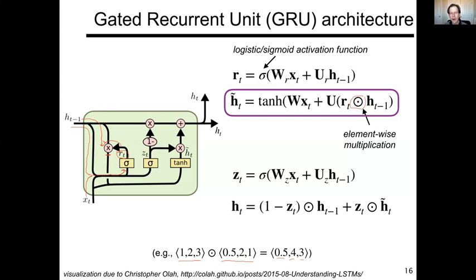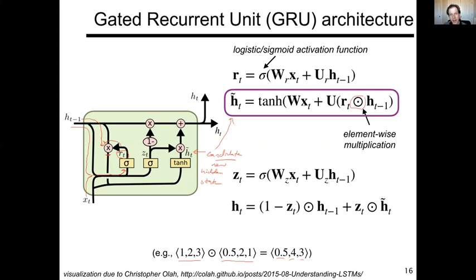Okay, very straightforward. Now, what this update rule says is that you can think of H tilde as a candidate new hidden state. That candidate new hidden state is computed in much the same way as the traditional SRN, except that the R gate controls access to the previous hidden state.